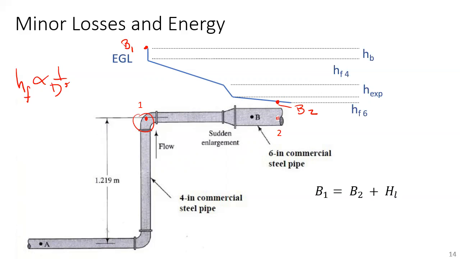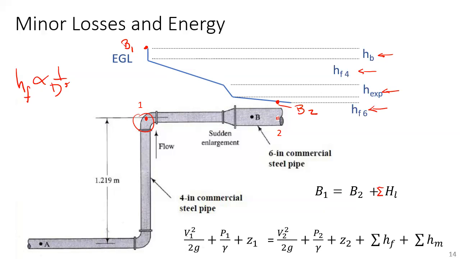And so in this case, B1 is equal to B2 plus the sum of all energy losses we had between points 1 and 2. And those energy losses would include the loss in the bend upstream, the friction loss in the 4-inch pipe, the minor loss due to the expansion, and the friction loss in the 6-inch pipe.